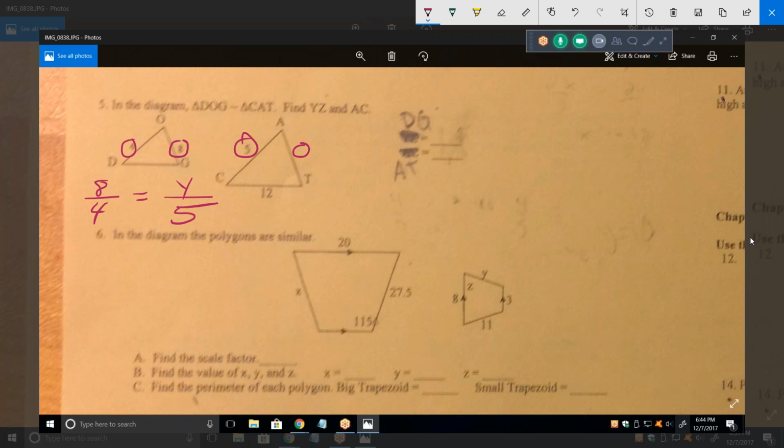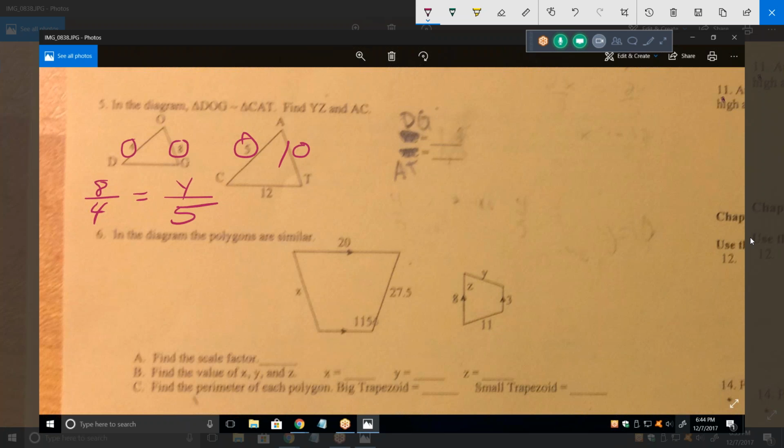8's twice as big as 4. Yeah, and that's actually a much faster way to come up with AC. Okay, now it's not so easy with DG. I could have done it that way also, but you have to establish the scale factor. You can't do anything with these problems until you get a scale factor.